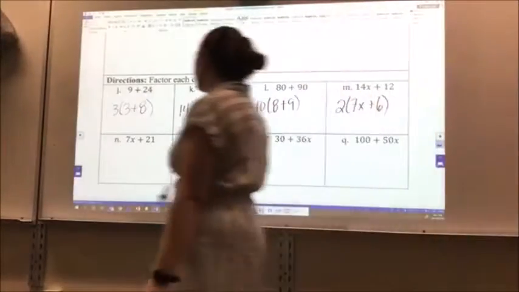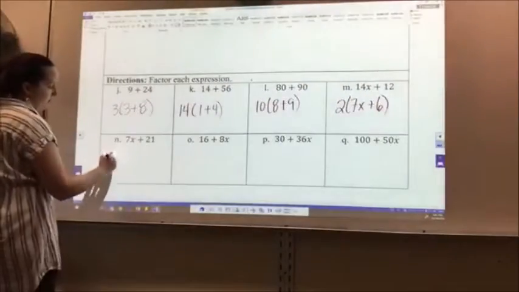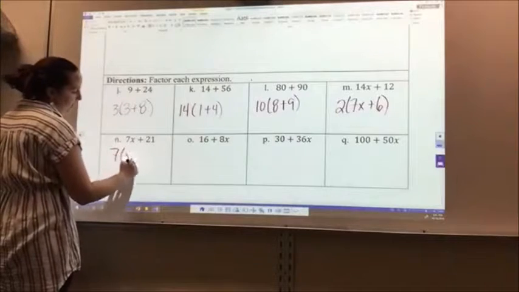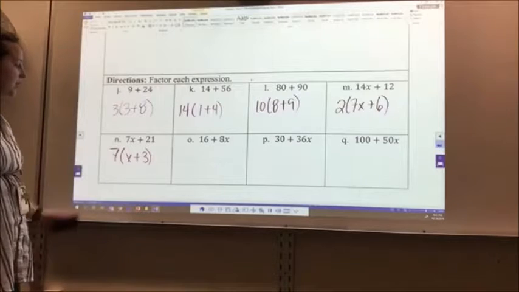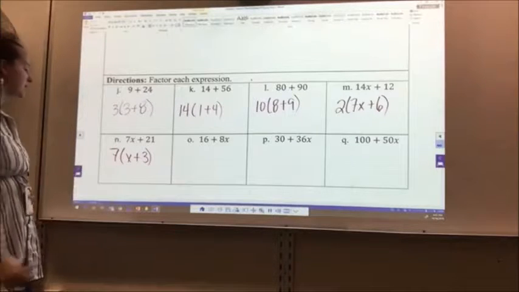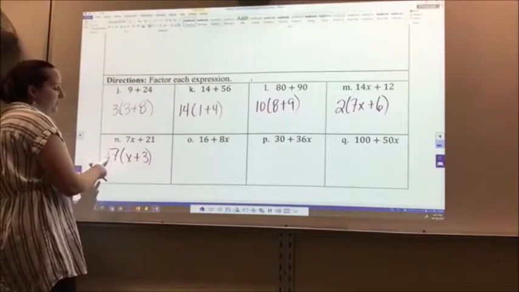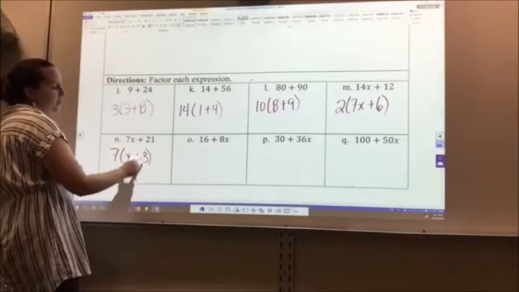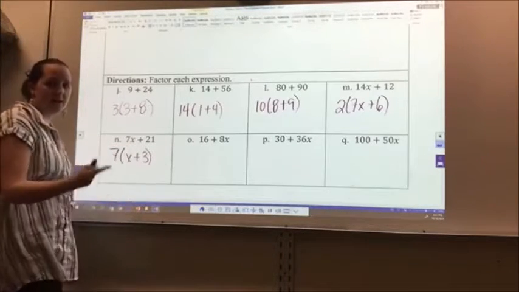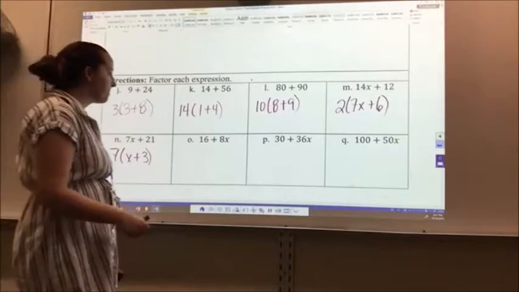For n, I can factor out a 7, and I'm left with x plus 3. You can always go back and double check these. You can say, well, if I multiply 7 times x, do I get 7x? If I multiply 7 times 3, do I get 21? Answer is yes, so you factored correctly.